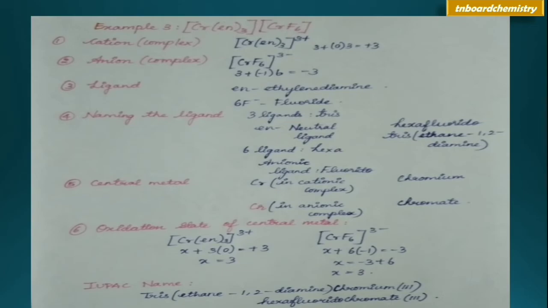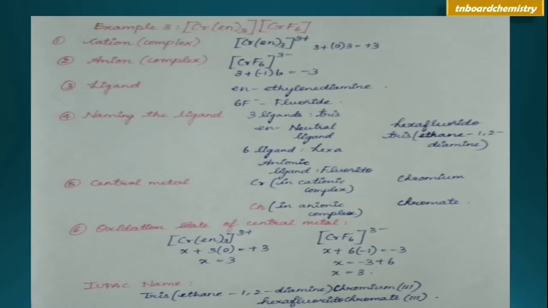So as I said, first we have to name the cation, anion, ligand, then central metal atom. We have to see whether it is a cationic complex or anionic complex. Based on that we are going to name. Then the oxidation state of the central metal. After that we are going to give the IUPAC name.